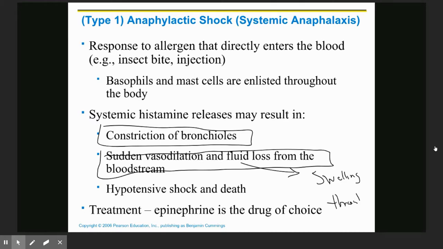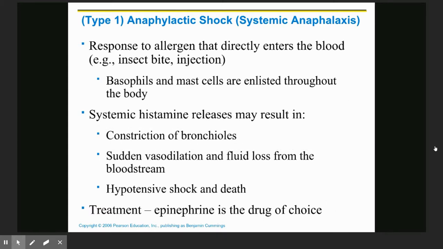And so you could have trouble breathing, or you could have trouble with low blood pressure because the vasodilation happens all over the place. If you can't get air and you can't maintain blood pressure, you can't live. And so you go into what's called hypotensive shock, and then you could die from it.